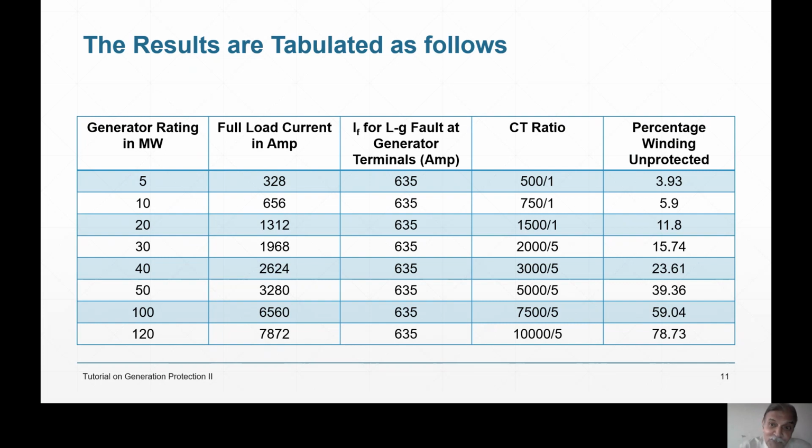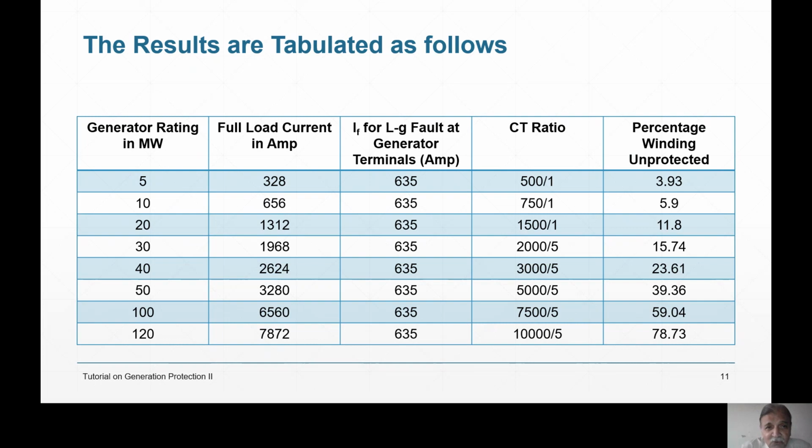But for the same thing, we go for 10, 5%, for 20, 11.8%, for 30, 15.75%, and for 120, 78.73% winding is unprotected. Roughly 3/4 of the winding is unprotected. So this is another way of statistics to show that REF protection is useless.